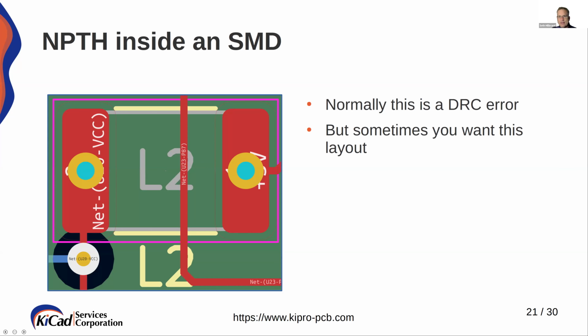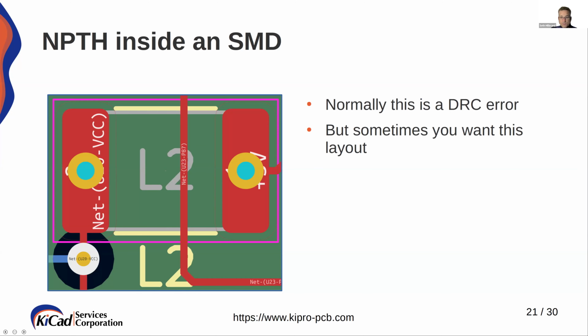We've had customers who are looking to create a mounting hole that doesn't have electrical connection to the bottom of the board, but still exists on the surface mount device itself. This is a very unusual condition, but that's exactly what the custom rules are there for.